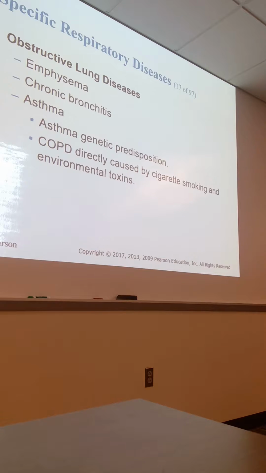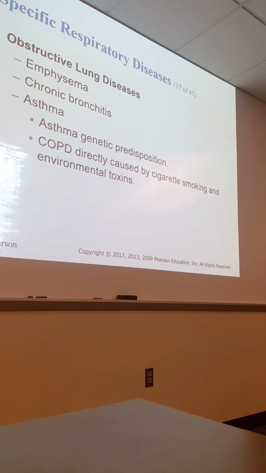Okay, on to COPD. So COPD comes in two flavors. There's the blue bloater flavor, and there's the pink puffer flavor. Blue bloaters are chronic bronchitis, which is exactly what it sounds like. They have bronchitis all the time, which is an irritation of the airways, the bronchi. They become thickened. There are increased goblet cells that secrete mucus.